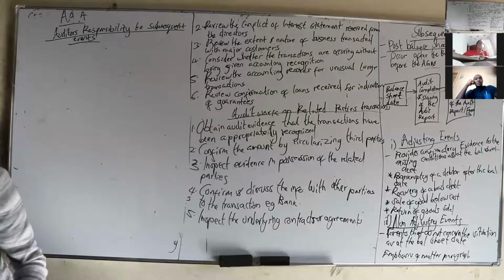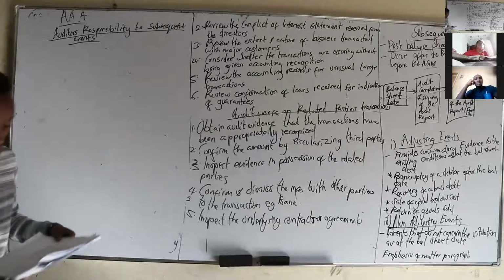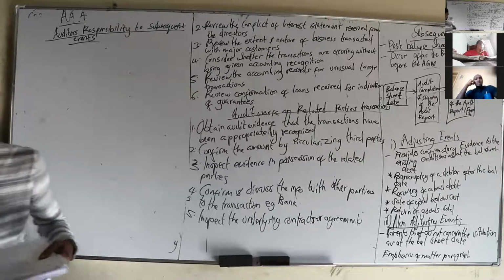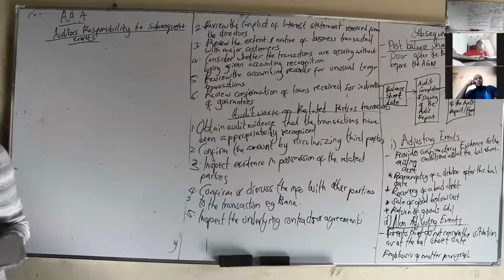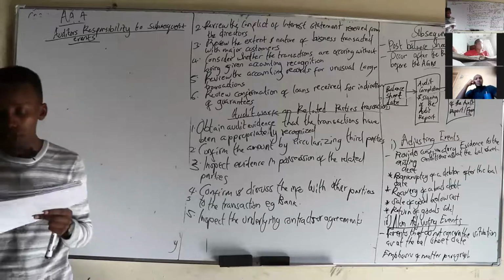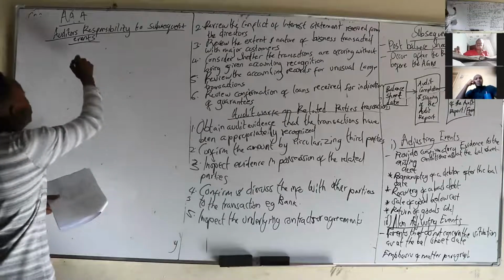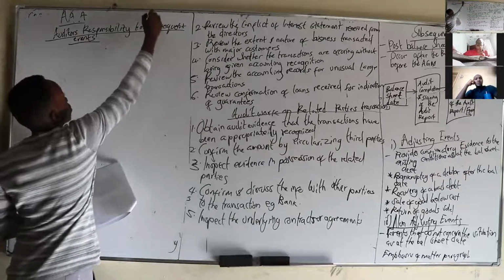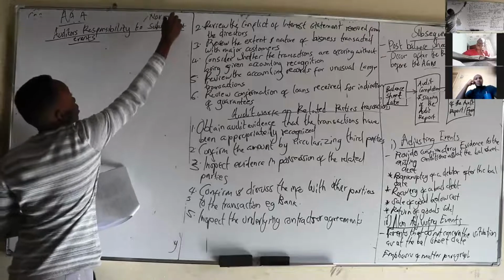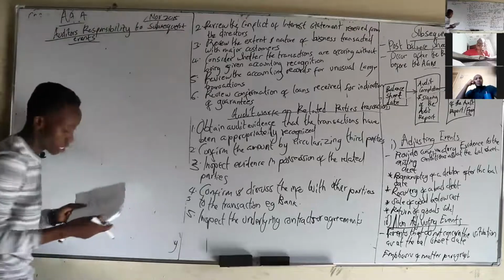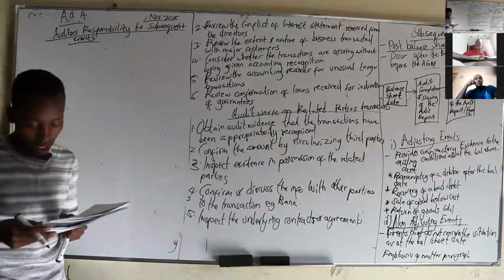So you're given that case there. You are told, you are a member of the audit team assigned to audit the financial statements, November 2015. This is just to show you how these subsequent events are identified.